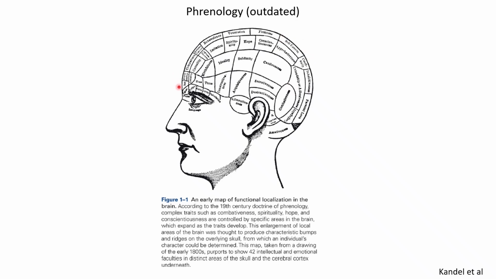Therefore, we do not use phrenology as a science, and it's now considered a pseudoscience. But the basic idea that different parts of the brain are doing specific functions is still a reasonable idea. And later in the course, we will see how we can find what different parts of the brain are doing.